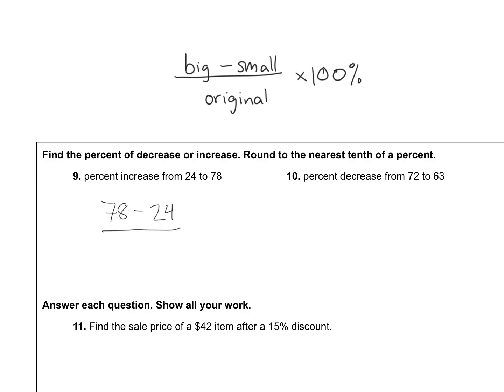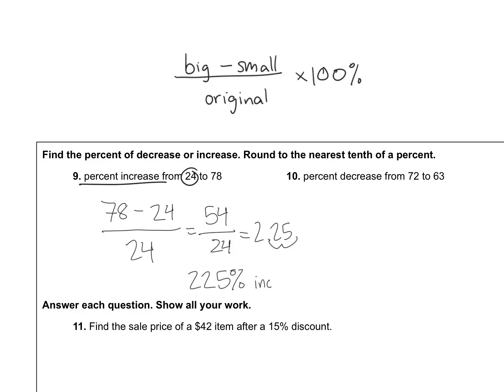That's my biggest minus my small. The first number I see is 24. That's my original. 78 minus 24 is 54 over 24. 54 divided by 24 gives me 2.25. I'm going to multiply this by 100% or just move my decimal twice. I get a 225%, and it tells me right here that this is an increase.